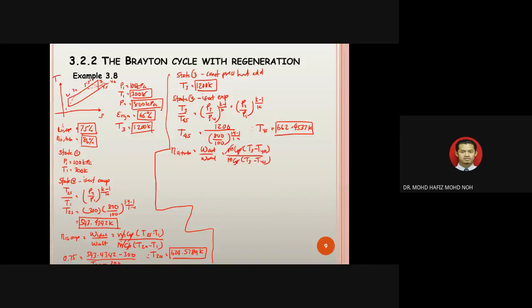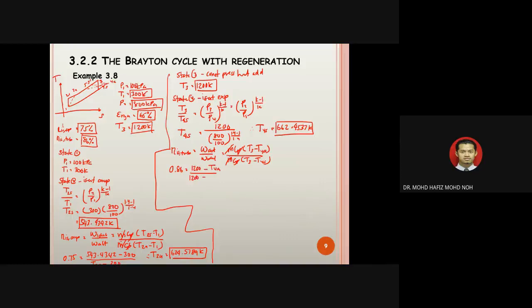So here it can be cancelled out, so you are left with your equation in terms of the temperature. So you put the values: 0.86 equals (T3, which is 1200 Kelvin, minus T4 actual) divided by (1200 minus T4s).